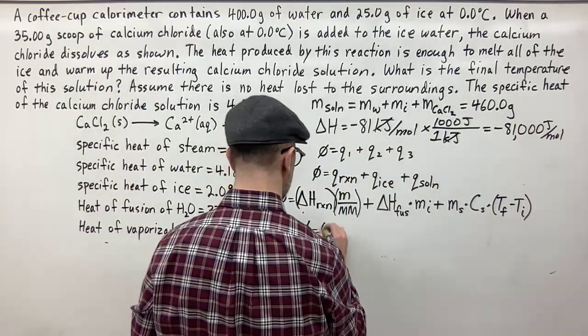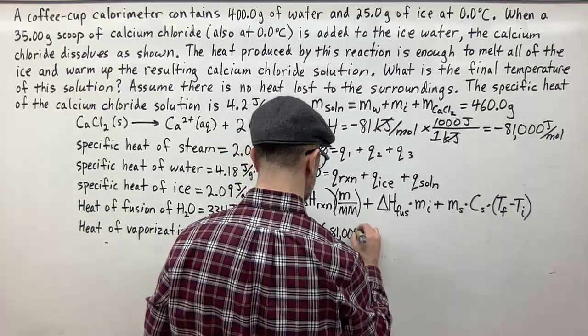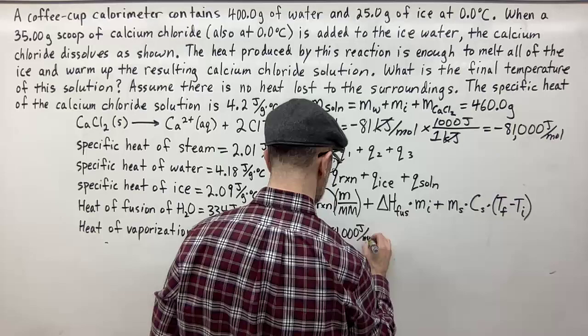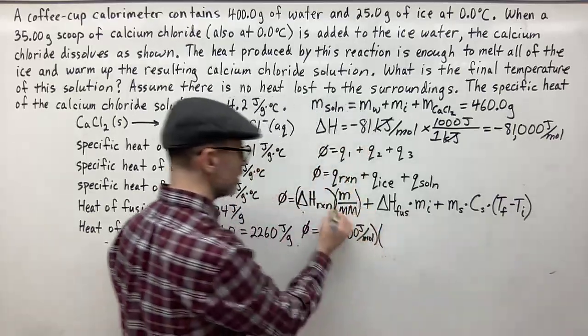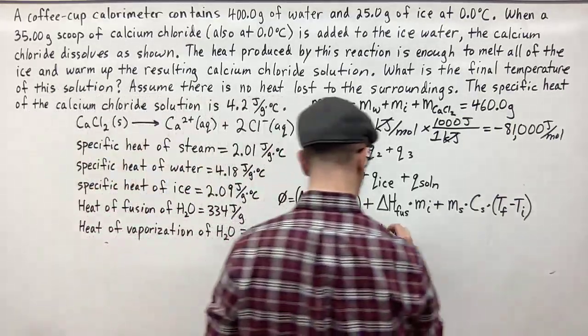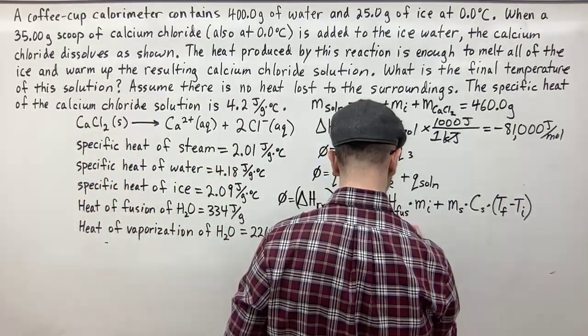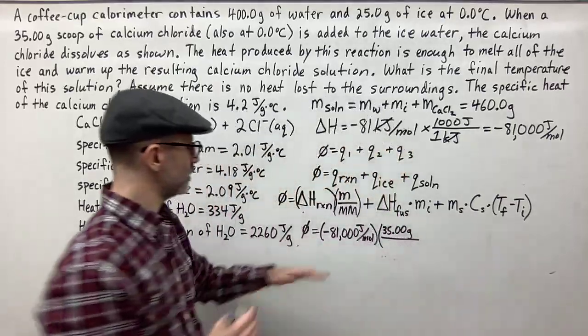So now I can put that here. So this is going to be negative 81,000 joules per mole multiplied by the mass of the calcium chloride, which is 35.00 grams, divided by the molar mass of calcium chloride.